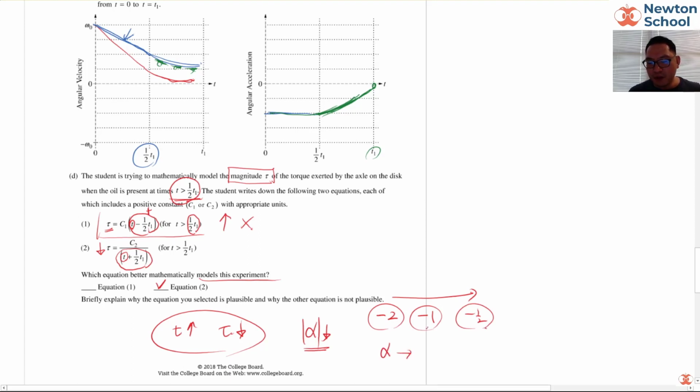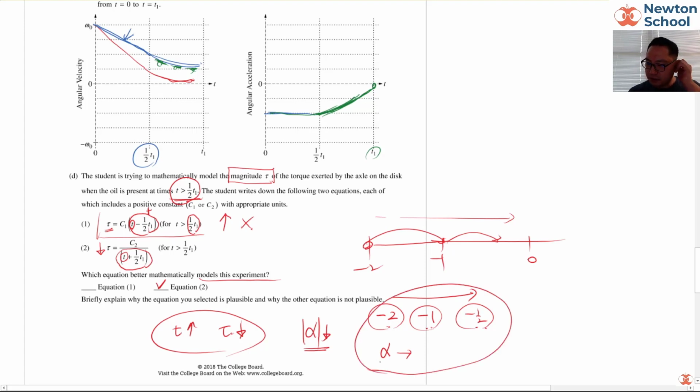Because -1 is bigger than -2, and -1/2 is actually bigger than -1. If you think about a number line, you're going from here to here to here. So alpha itself is actually increasing, but the magnitude of alpha is decreasing because if you take the absolute value, that's why you have to be a little careful on this sign, okay? All right.